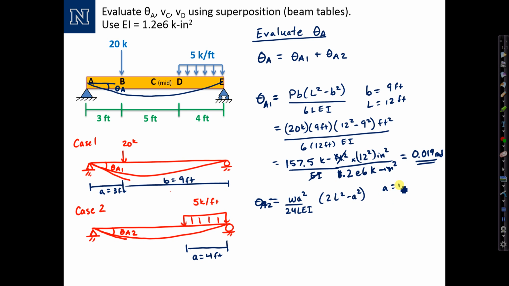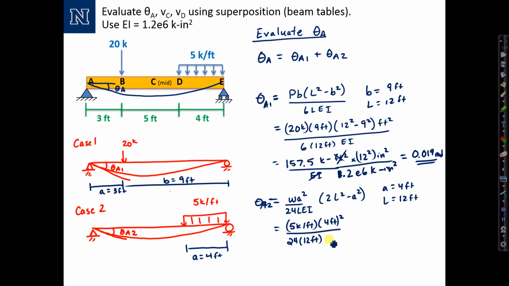We're going to use A equal to 4 feet, L equals 12 feet. Okay, plugging that in, W, 5 kips per foot, times A squared, 4 feet squared, divided by 24, 12 feet.